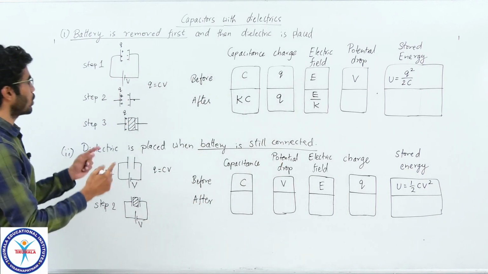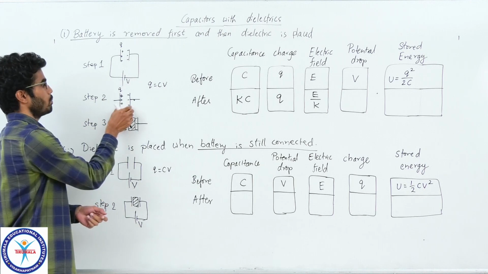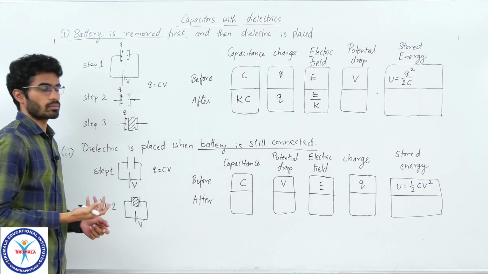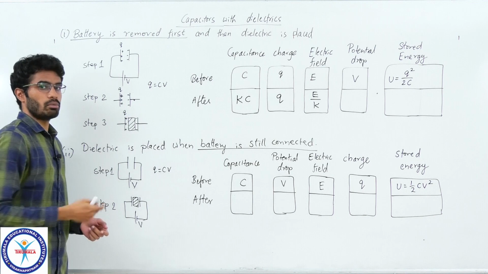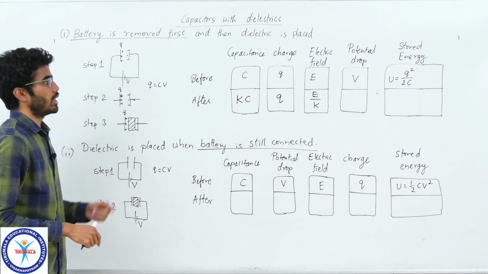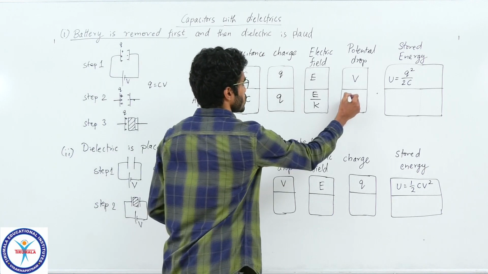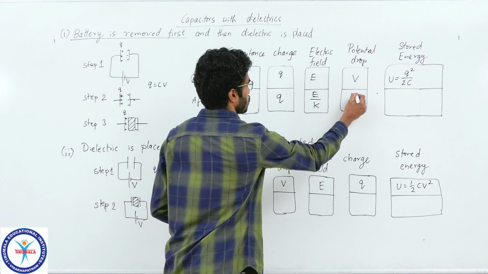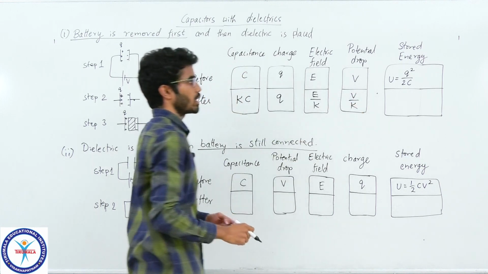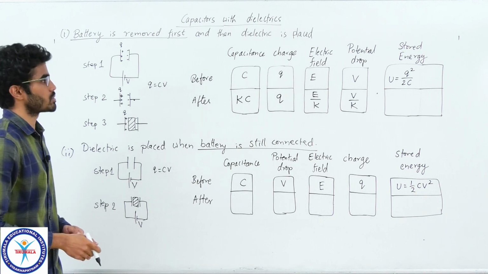And what will be the new potential drop? Because the battery is removed, the potential drop across the capacitor plates might change depending on the field that is present. Because the field is changing here, the potential drop also changes. V is given by E into d, but the new field is E by K, so the potential also drops by K times, because the field drops by K times.